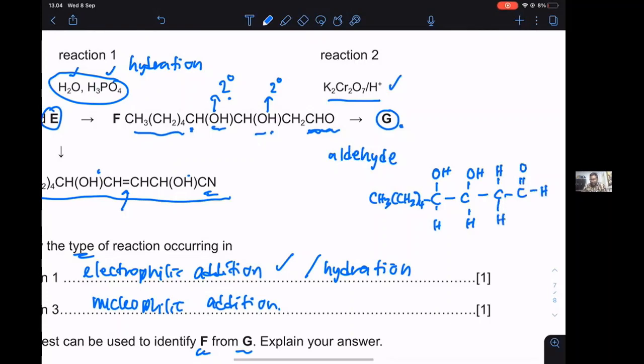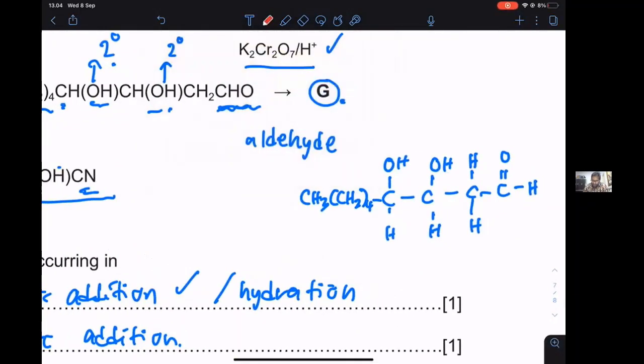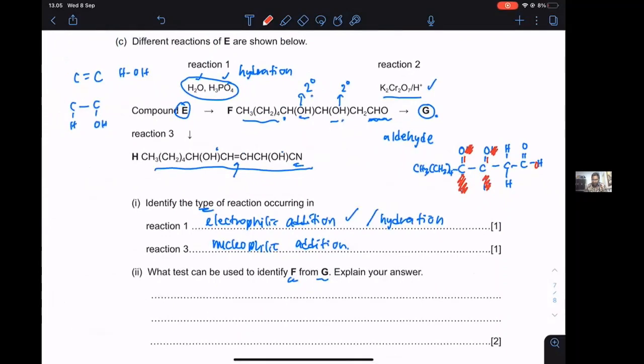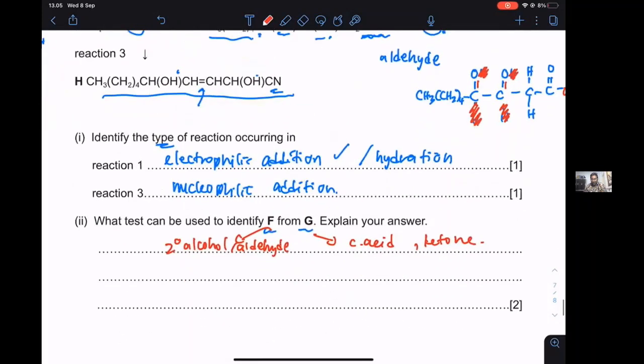This one will change into a ketone, and this one will get a carboxylic acid. So I am comparing: G has a carboxylic acid and a ketone, while F has a secondary alcohol and an aldehyde. So I want to identify them. What should I use?